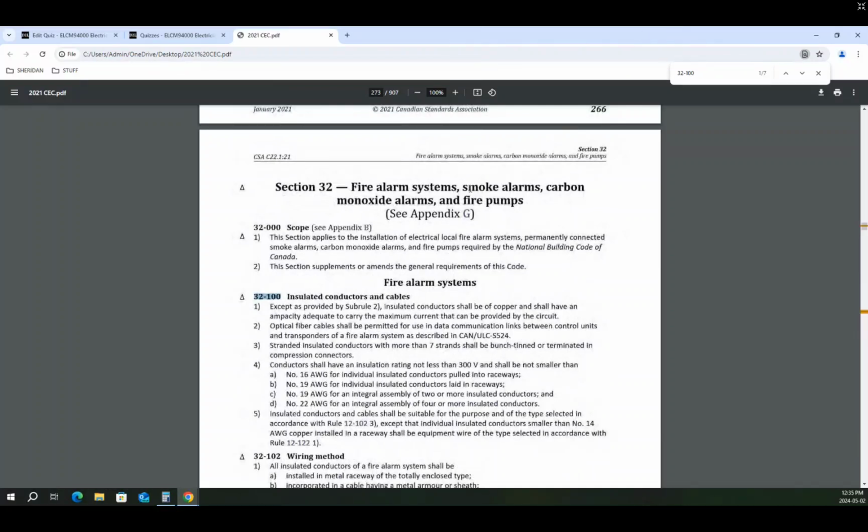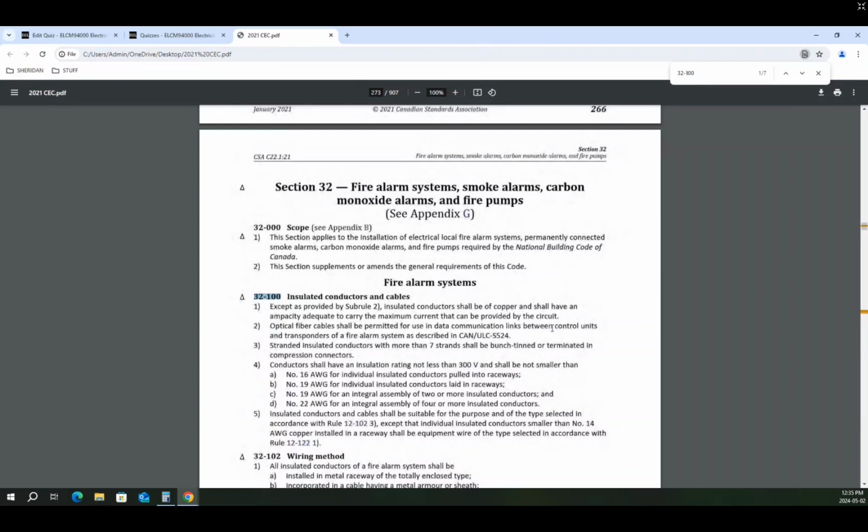So 32 being fire alarm, smoke detectors, etc. And then 32-100 is the insulated conductors and cables, except as provided, capacity adequate to carry the current.